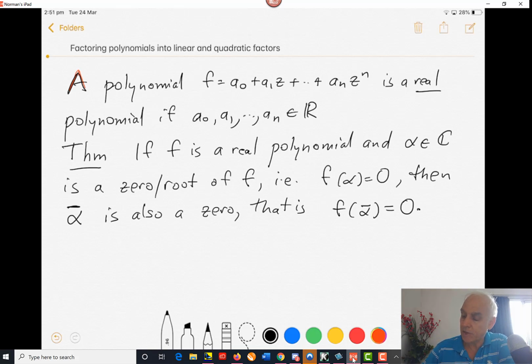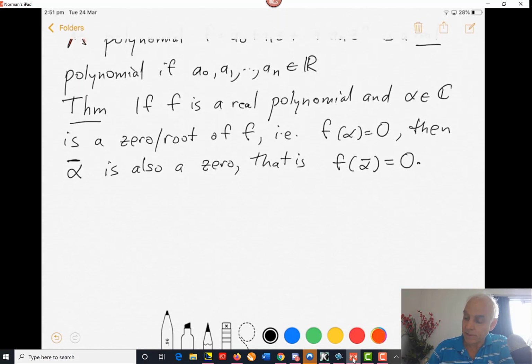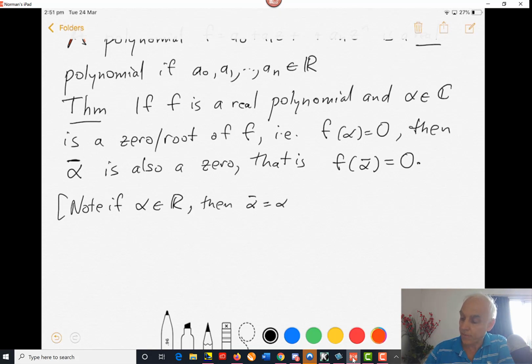So that means that if you have a real polynomial, whenever you have one zero, you automatically have a second one, namely its complex conjugate. We'll note that if alpha is itself a real zero, then of course alpha bar is just equal to alpha, and so we don't get anything new.